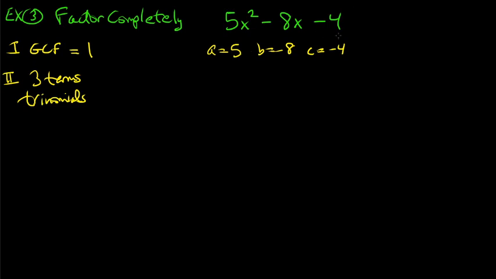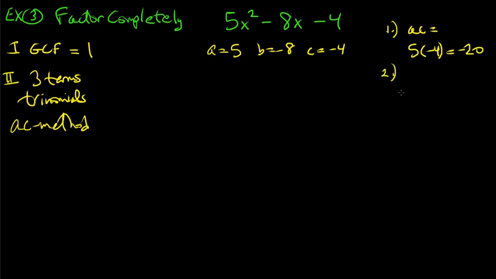Even though 4 is a perfect square, this minus sign here would have to be a plus. So it looks like we have to use the AC method here. Remember how that works. We multiply a times c, which in this case is 5 times negative 4, or negative 20.